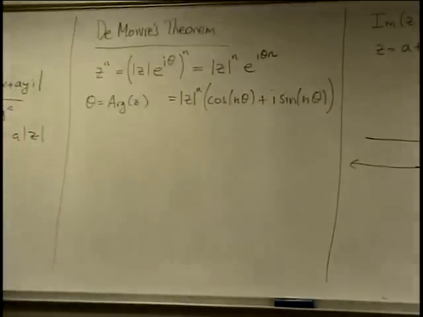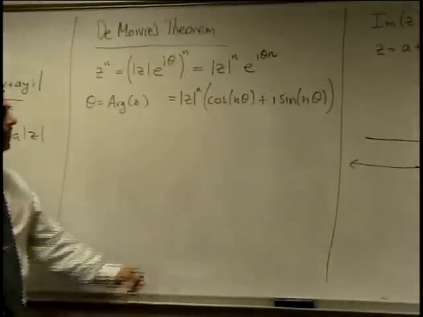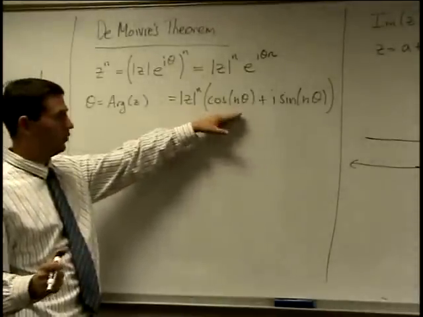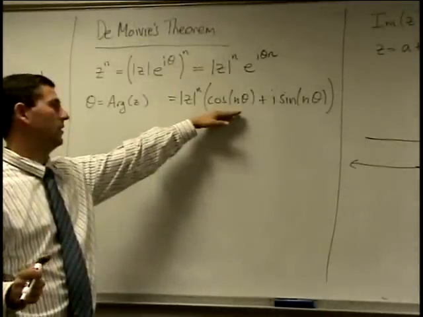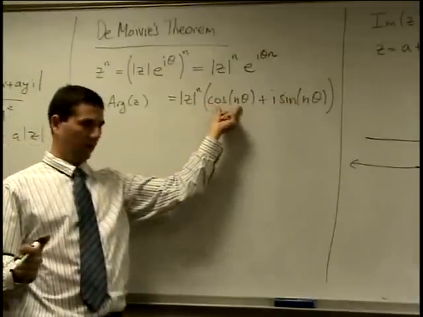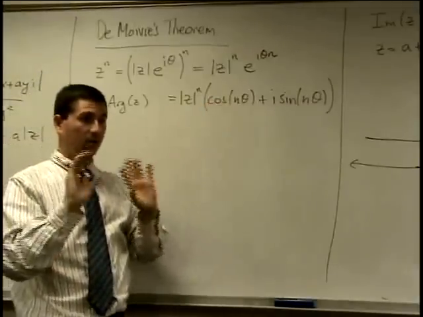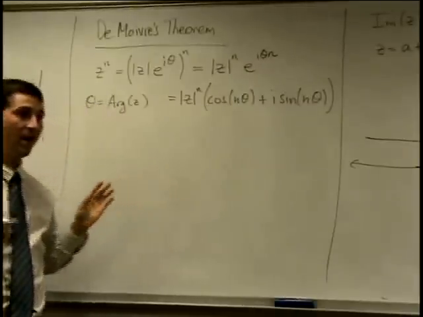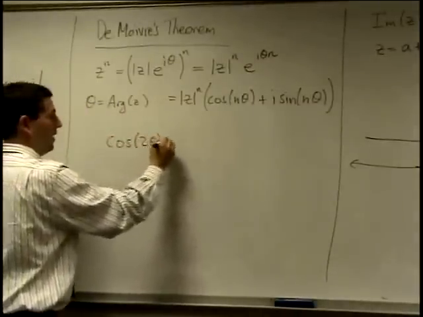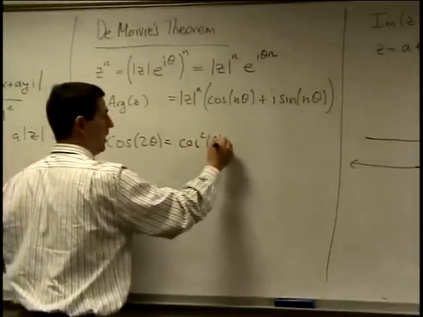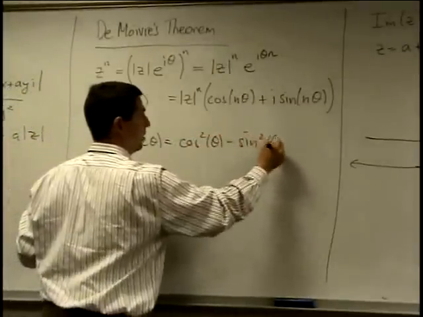And when we start next time, I'm going to show you a really cool application of this that allows you to write down formulas for things like cosine of n theta. This is just a real question, right? You already know, for instance, that the cosine of 2 theta is cosine squared theta minus sine squared theta.